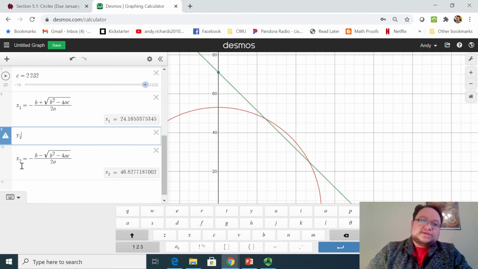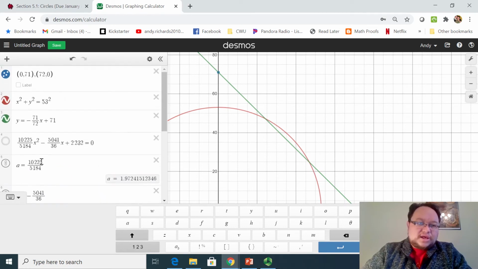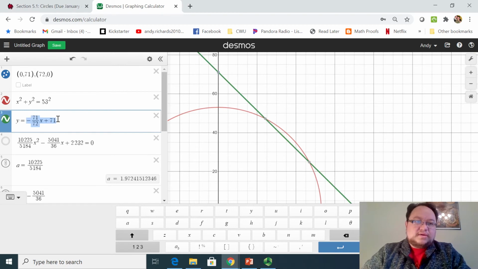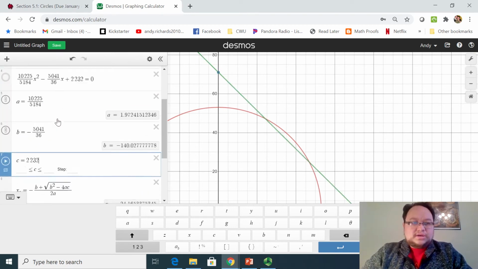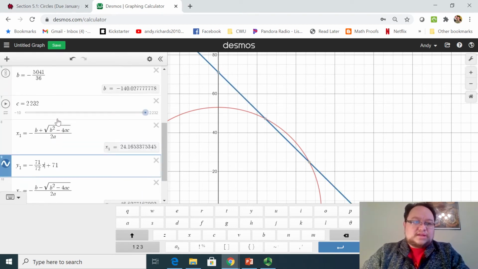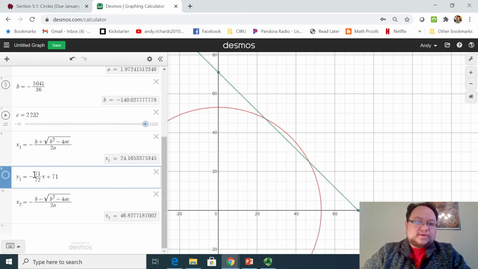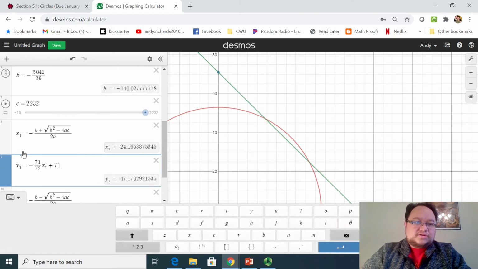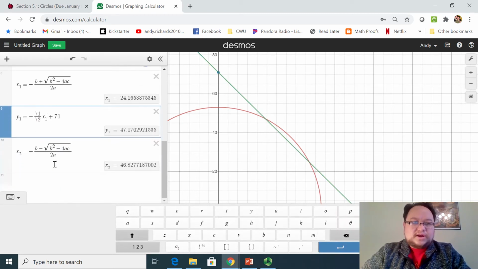And just to keep it consistent, if I want to find the y value that's associated with it, I can plug it into either of these equations here. It makes more sense to plug it into this linear equation. So I'm going to plug that in right there, where instead of some x that I'm drawing from, I'm going to draw this specific x, this x sub 1.